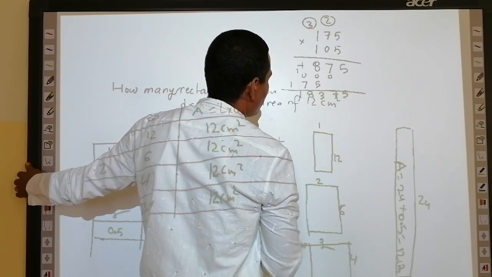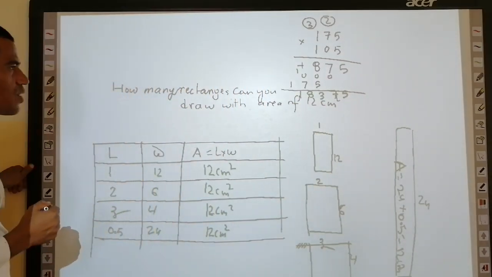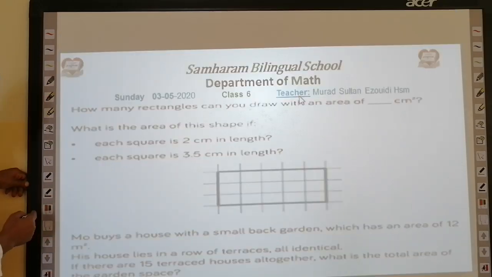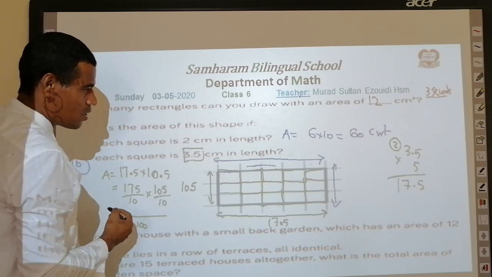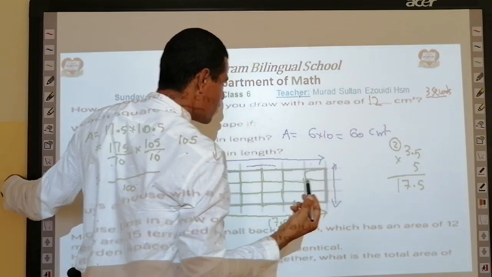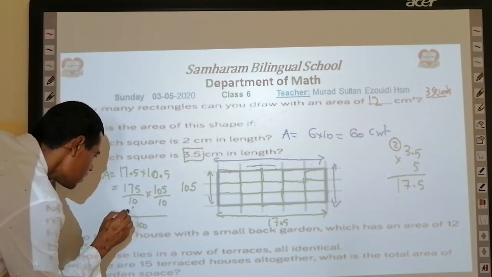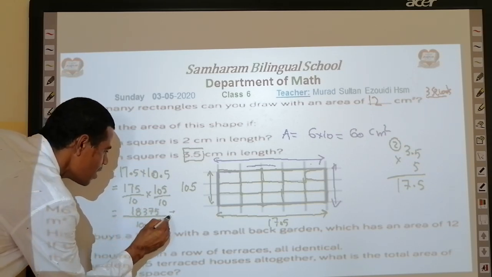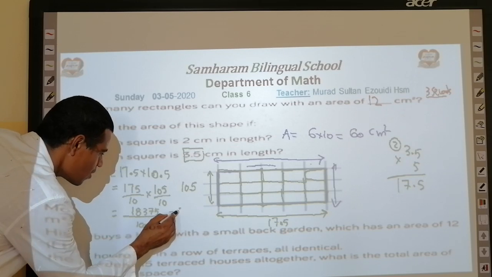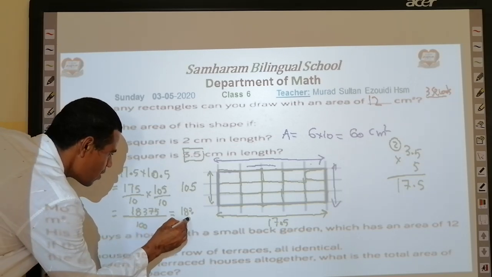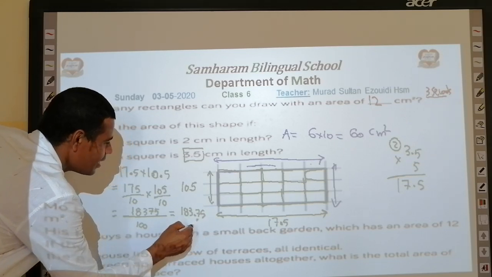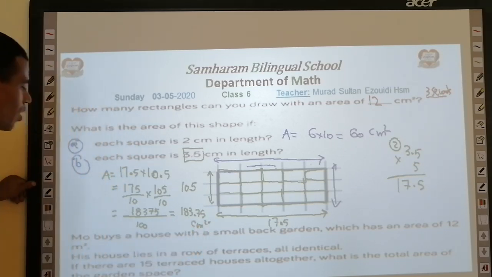So it will be 18,375. 18,375 divided by 100 gives us 183.75. What is the unit, my learners? It is centimeters squared. Okay?